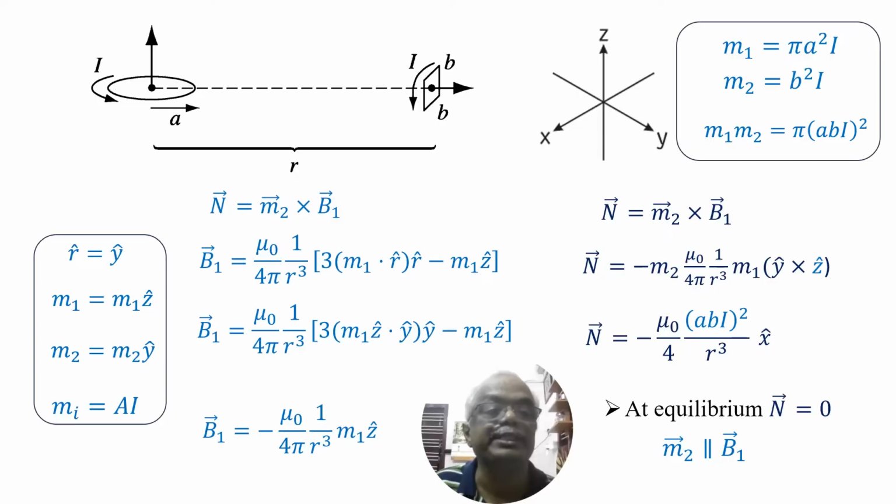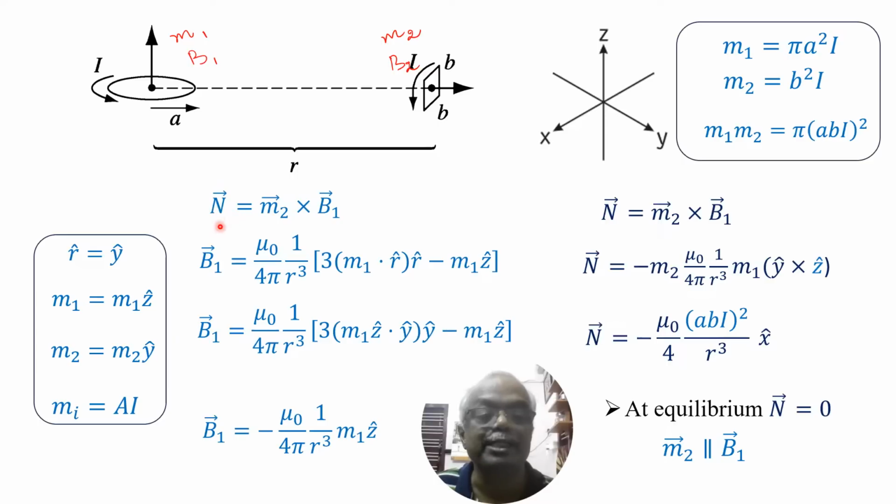Here you can take that at this point, for the circular loop, the magnetic moment is m1 and magnetic field is B1. Here the magnetic moment is m2 and magnetic field is B2. Now we have to find the torque on the square loop due to this circular loop.